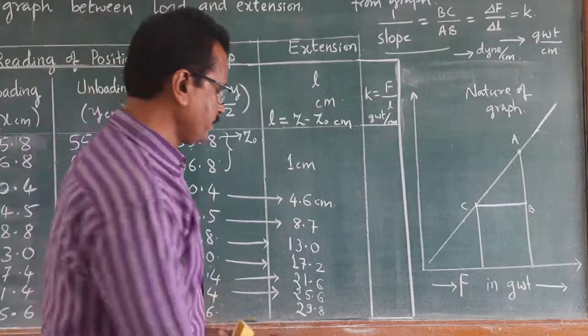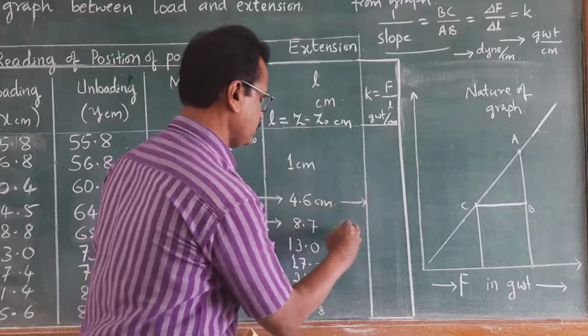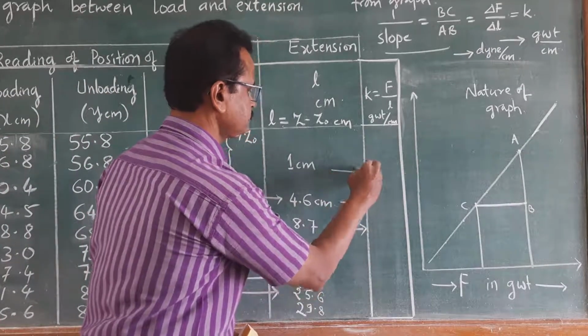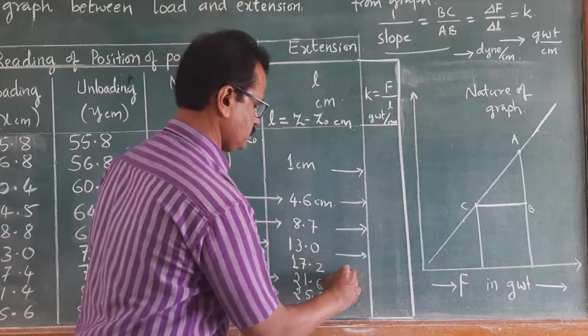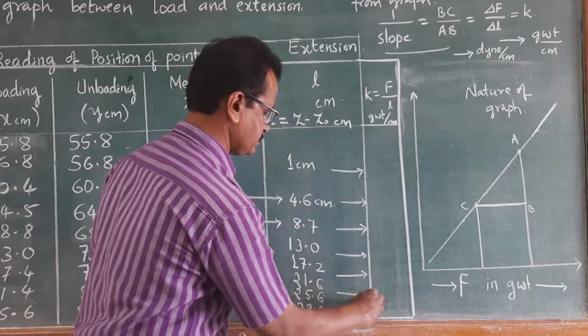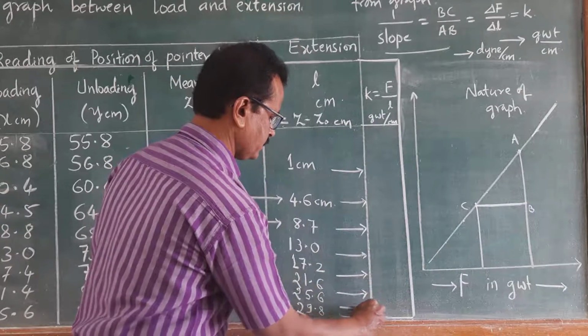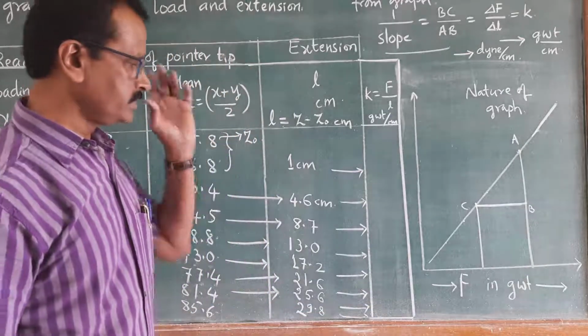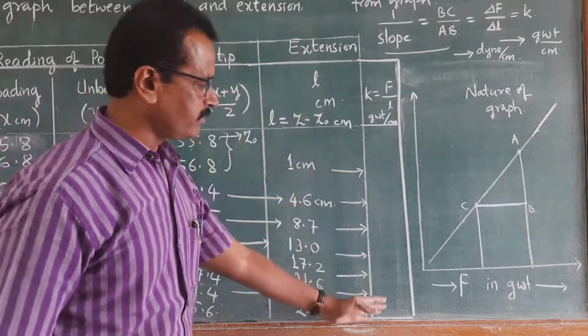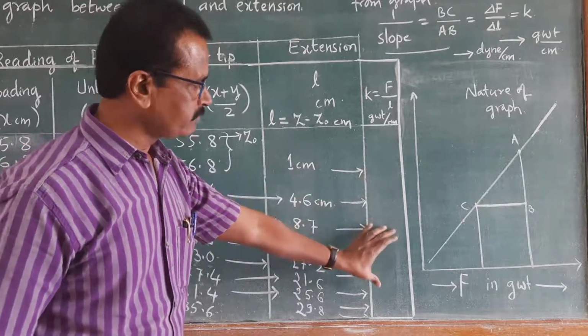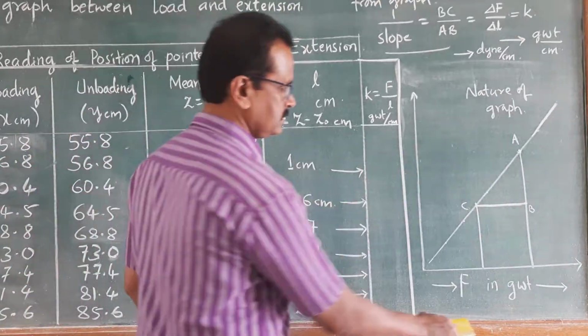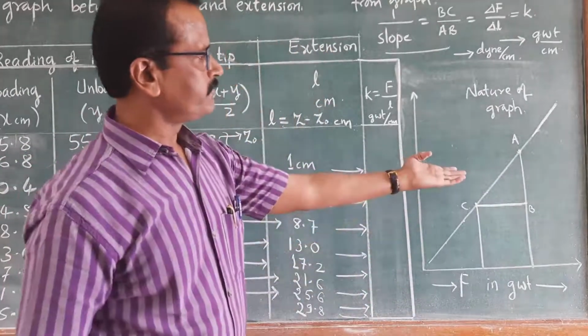So for every value you get the corresponding force constant. There will be variation in the values, never mind. Take the mean of all these. The mean value should be verified with the value obtained from the graph.